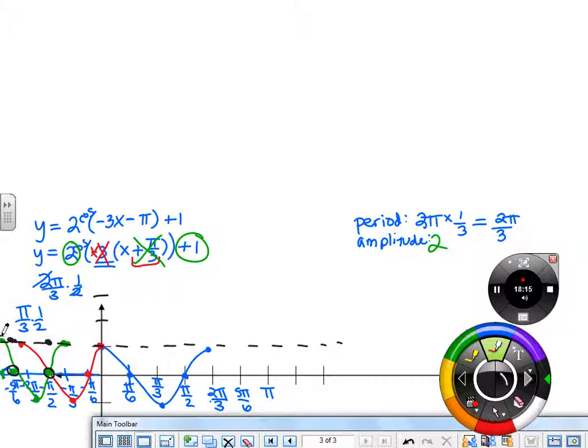The maximums are still going to be maximums, so they're going to be above the axis, but the amplitude is 2. So instead of reaching just 1 unit above the axis, they should reach 2 units above the axis. So there, and this one should be up there as well. And this guy's still going to be a minimum, but instead of 1 unit below the axis, it should be 2 units below the axis, but the axis is now here, okay? So 2 units below, it actually ends up in the same place.